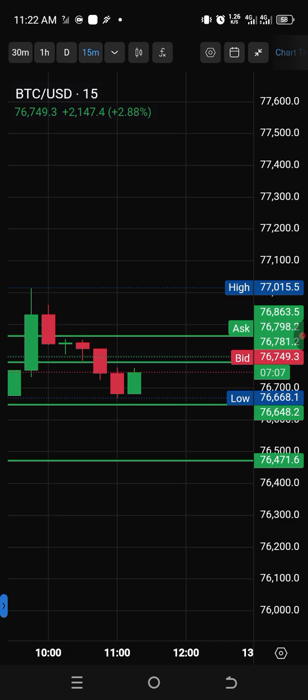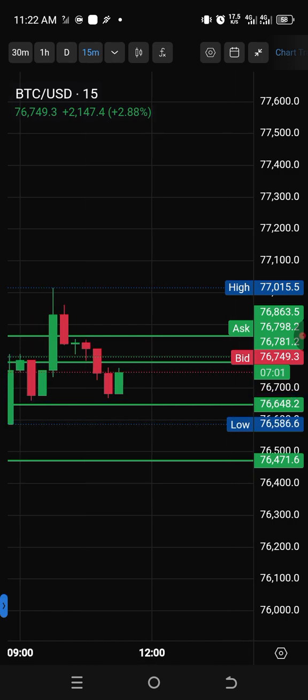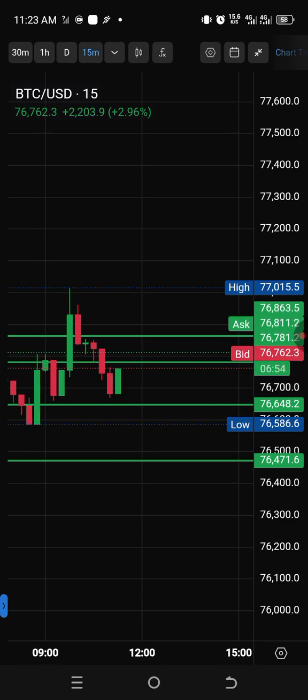It's looking like one. The problem with the flag is you can trade without knowing if it's an actual flag or not, because a flag does not come as a flag always. That's the problem with flags. So I don't know. So let's see how it goes.